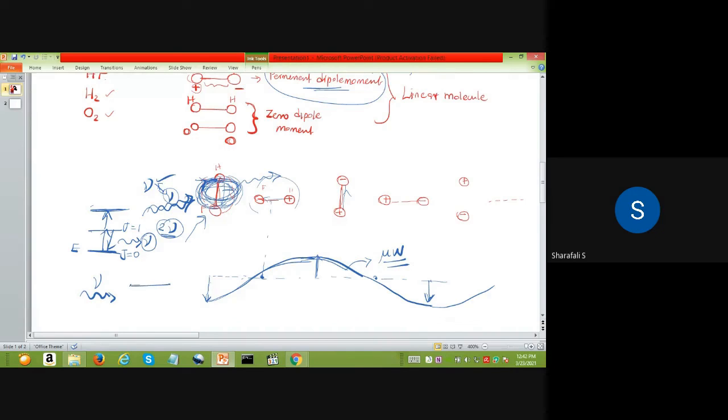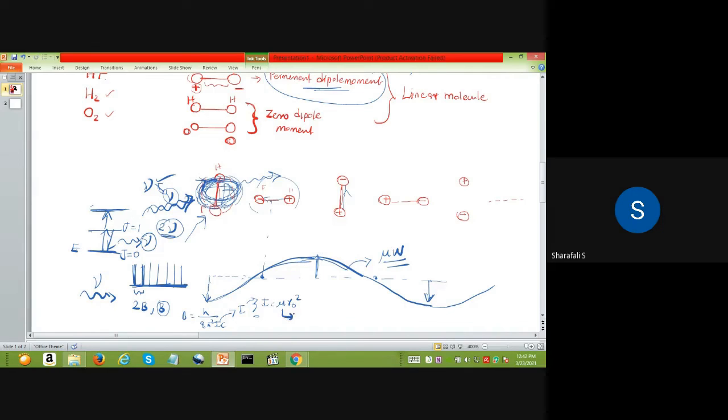Taking that output spectra, you will have different lines corresponding to the hydrogen fluoride rotational spectra, and the separation of two lines gives you 2B, from which you can calculate the value of B. B is given by h over 8 pi square I c, and from that you can calculate I, because all the others are constants, and I is nothing but mu into R0 square.